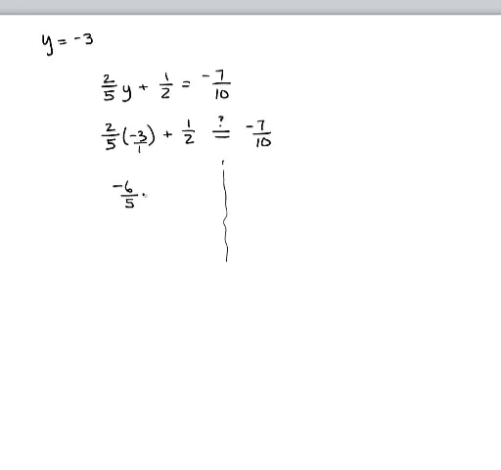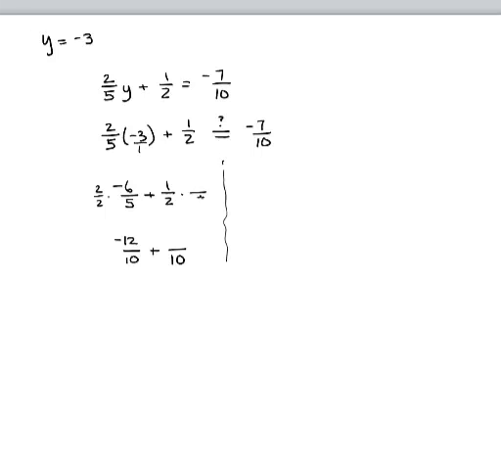If I keep going, I need to find the least common denominator, which is 10. So I need to put each of them over 10. I multiply the top and bottom of the first fraction by 2, which gives me a negative 12.